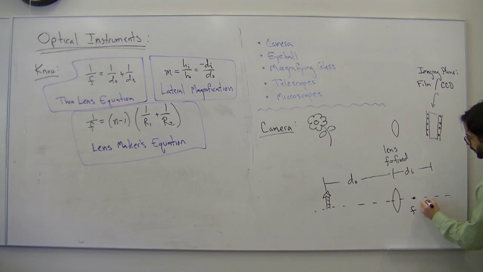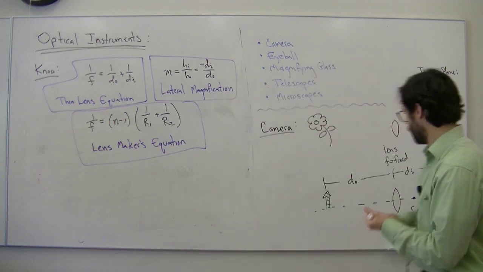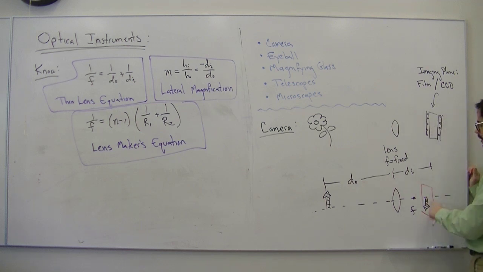Probably what's going to be true, and you're right if you think this, is that the image is going to be inverted. And so I'll just put this on, ruining our beautiful abstract picture. What should be true is that this thing should show up in focus on the imaging plane, where the film or the CCD is.